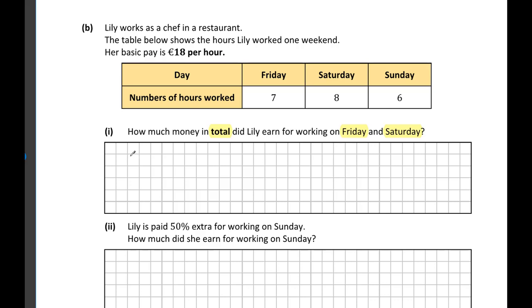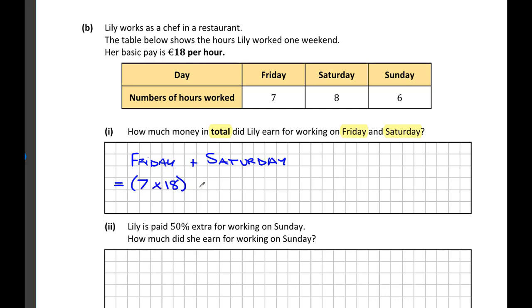So Friday and Saturday. Now, you can split it up into two separate calculations if you want. Whatever. Or you can just do it as one like this. So it's going to be Friday and Saturday. On Friday, she worked 7 hours and got paid €18 an hour.